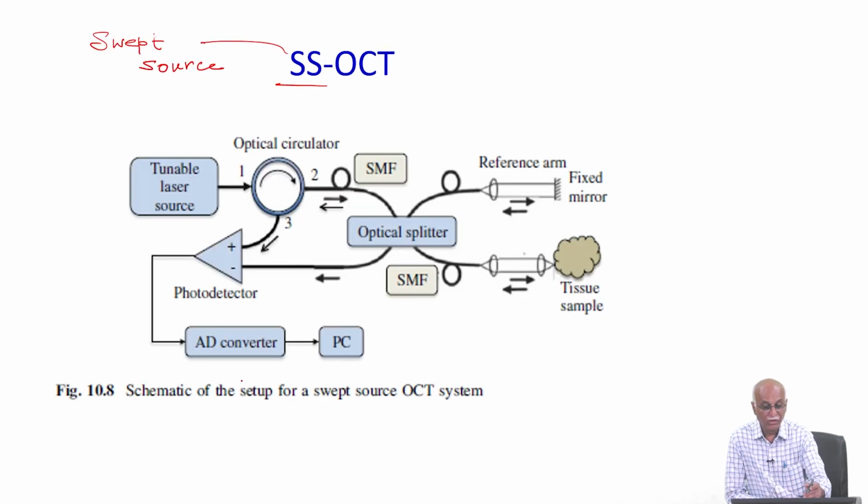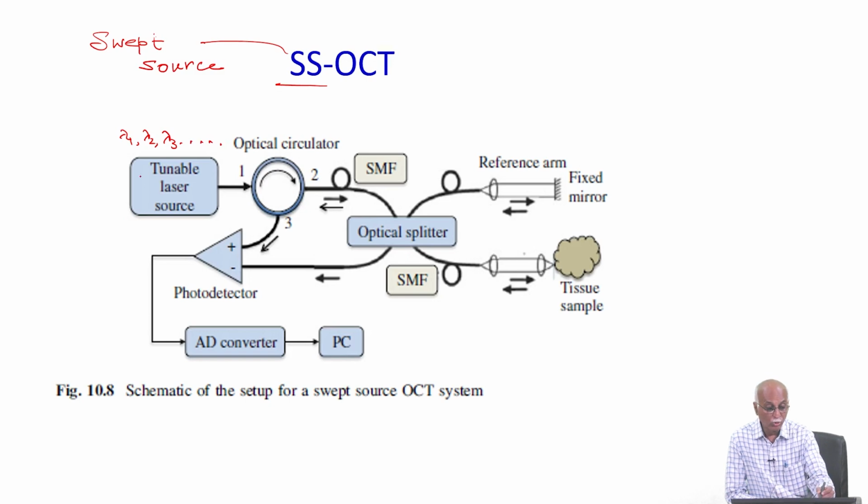In case of a swept source, the detector will not be a spectrometer, it is only a detector, but it measures the reflected intensity of each of the wavelengths lambda 1, lambda 2, lambda 3, etc., as the source is swept around.